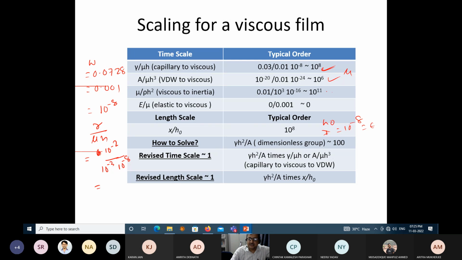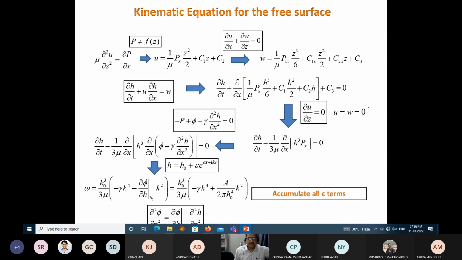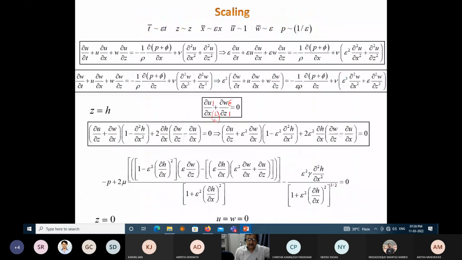Now this epsilon you carry forward to the situation of mu h by gamma. This is also epsilon. Mu h cube by A, this is also epsilon. Now, rho h square divided by mu, this is also epsilon. So you look at your equation. All inertia is epsilon.